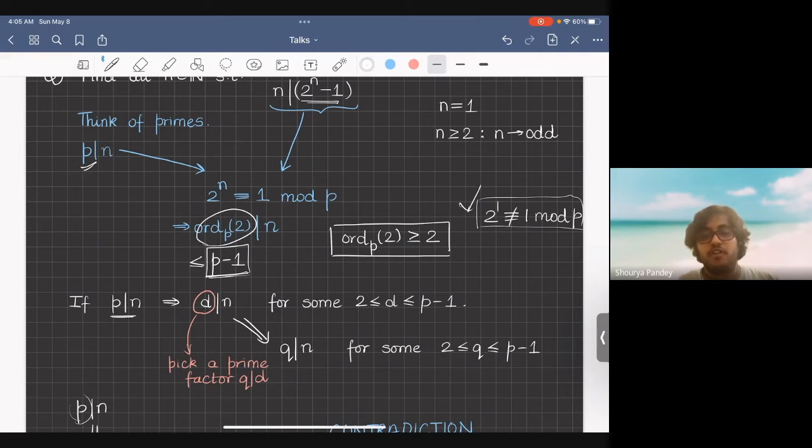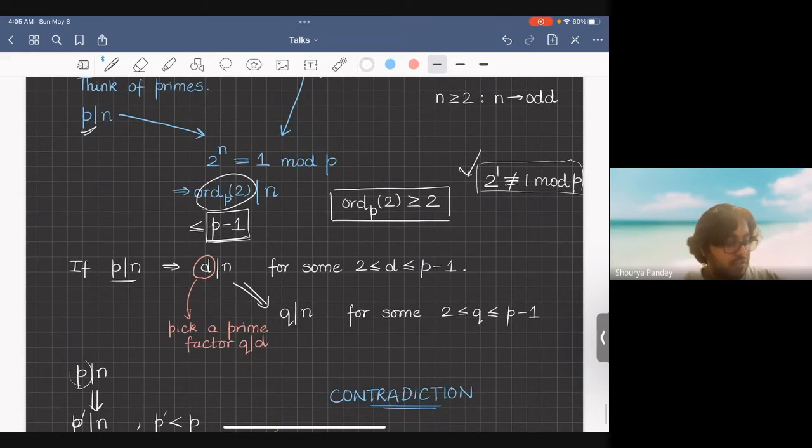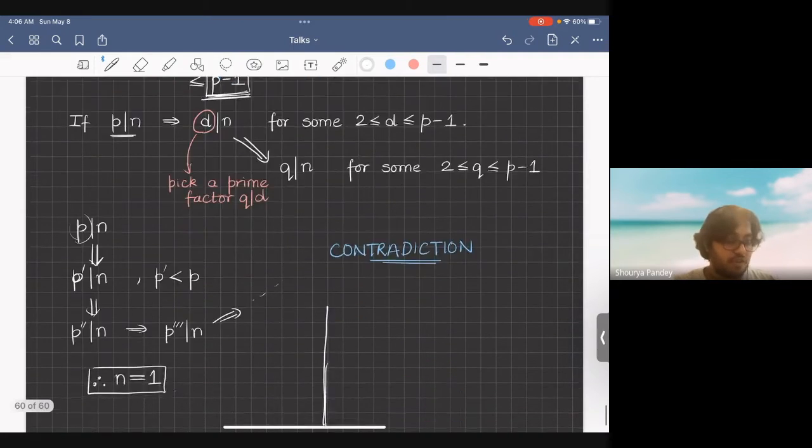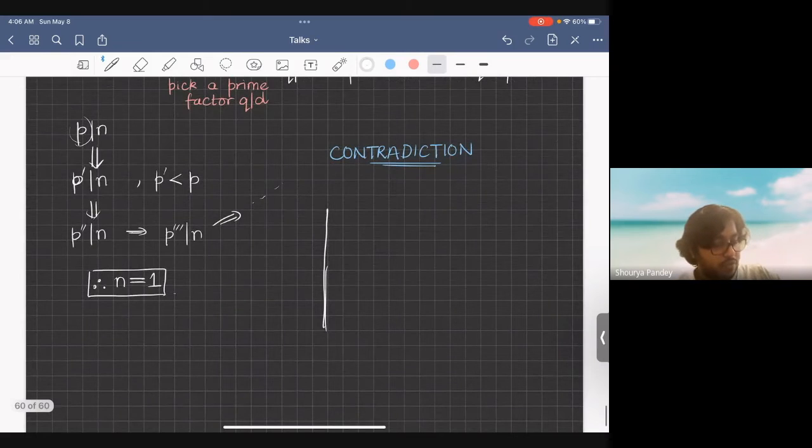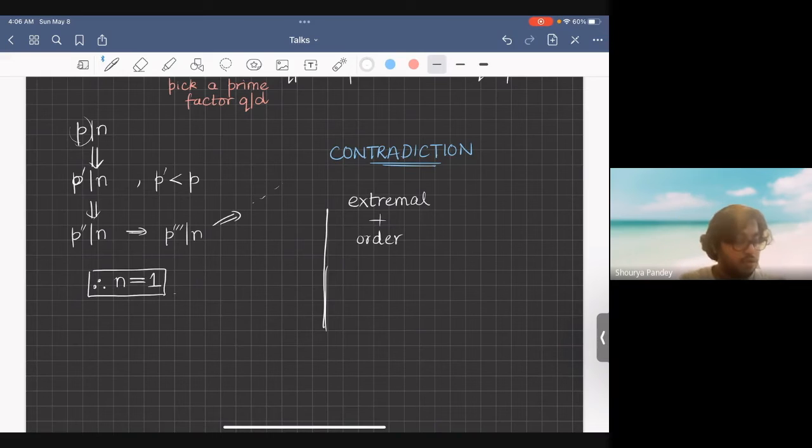But this gives us a factor between the smallest and the second smallest divisor of n, which is a contradiction. So this sort of combined extremal ideas plus whatever order residue theory we know.